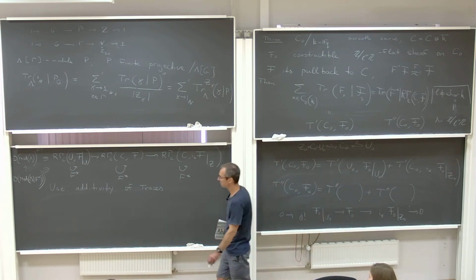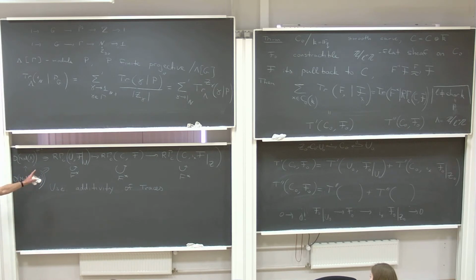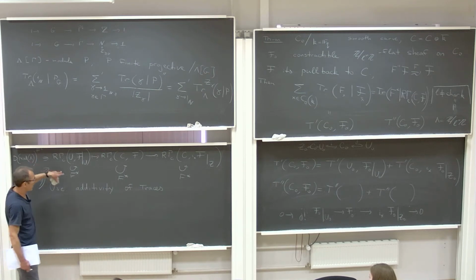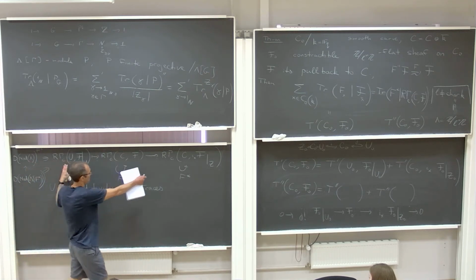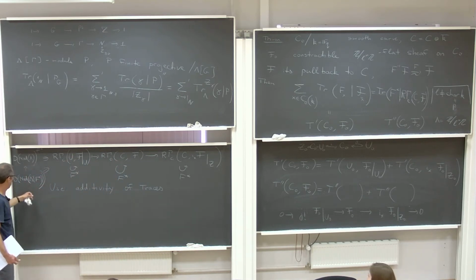As Illusie pointed out in his interview, when it was observed that additivity fails in this setting, Deligne came and invented a notion of true exact triangle, which means literally a triangle here.